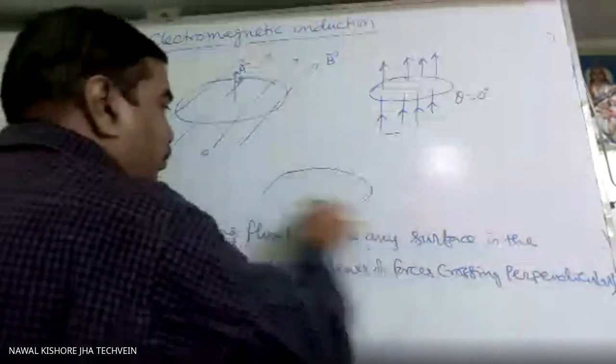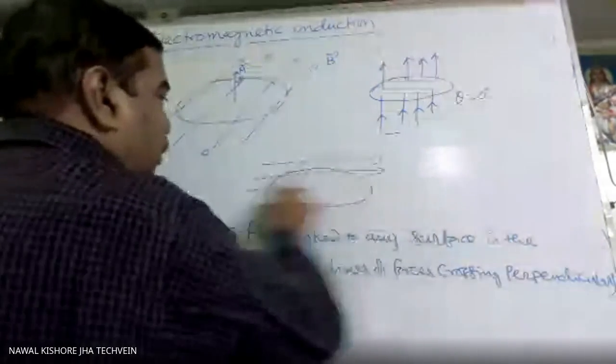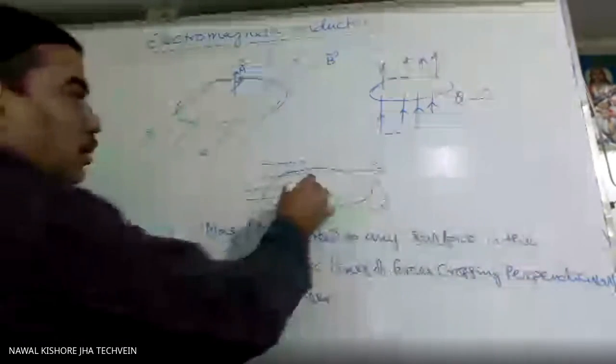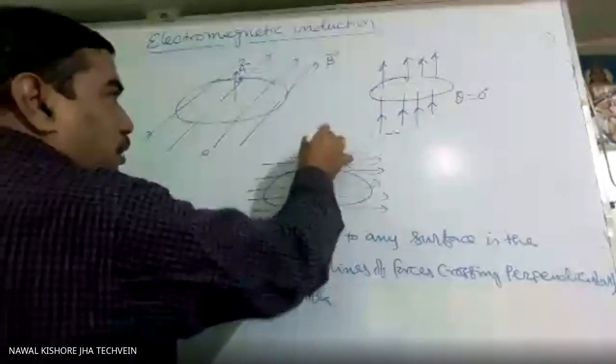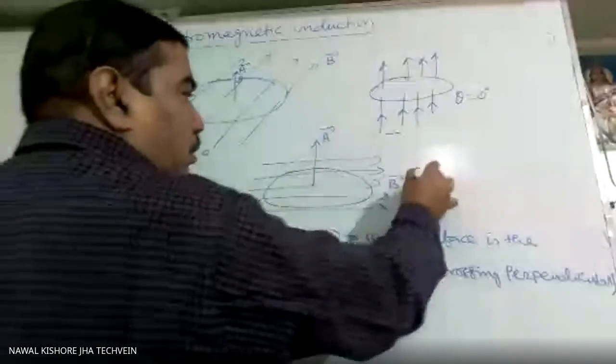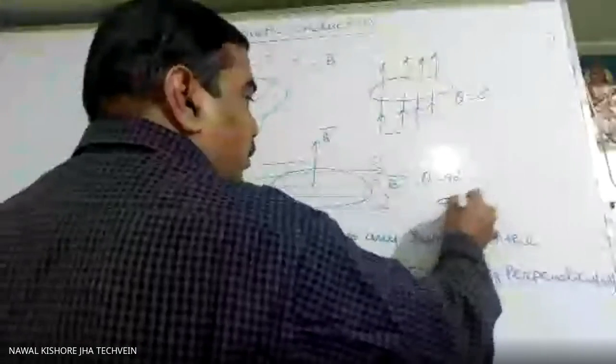This is the loop, and magnetic lines of force are like this. So here the area vector is this one, the magnetic field is this one. So here theta is 90 degree, so flux will be 0.